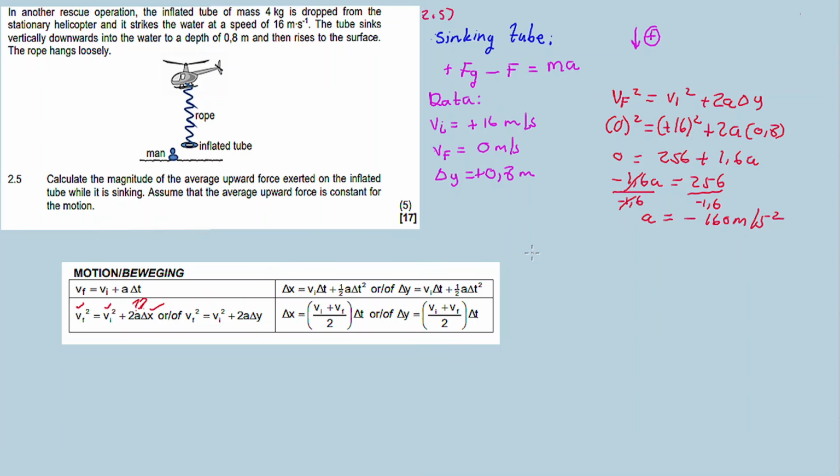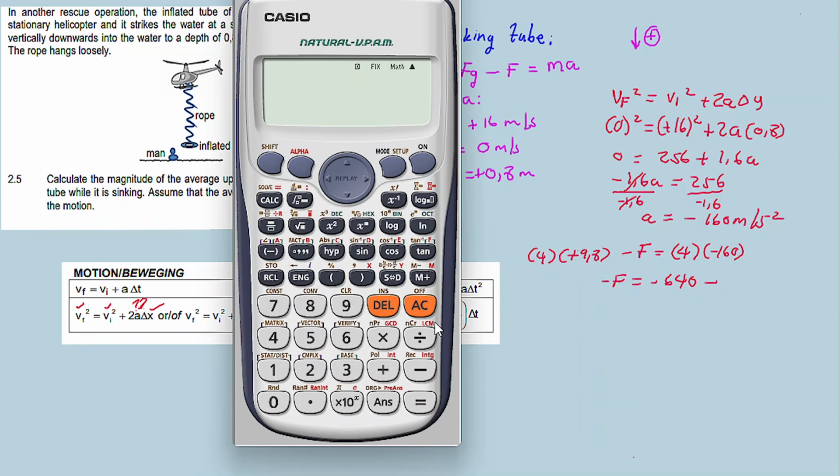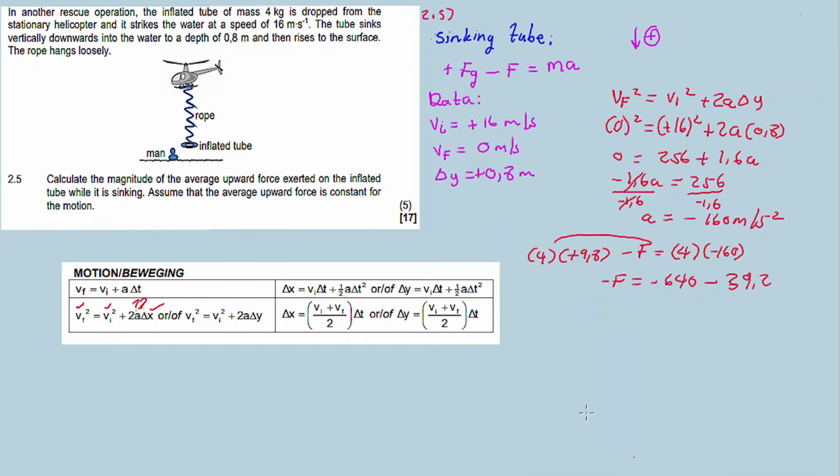It's equal to negative 640, minus 4 times 9.8, which is 39.2. Now it will be negative because when I transpose, it has not become negative. So what is our final answer here?